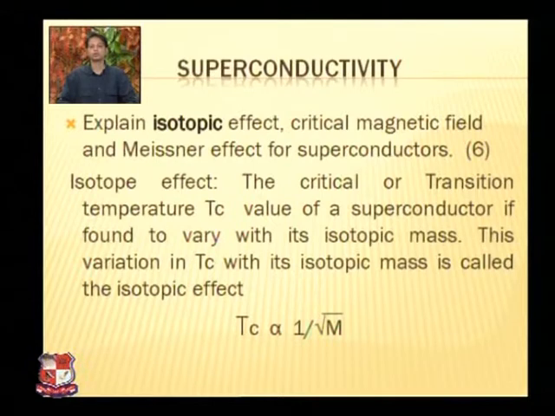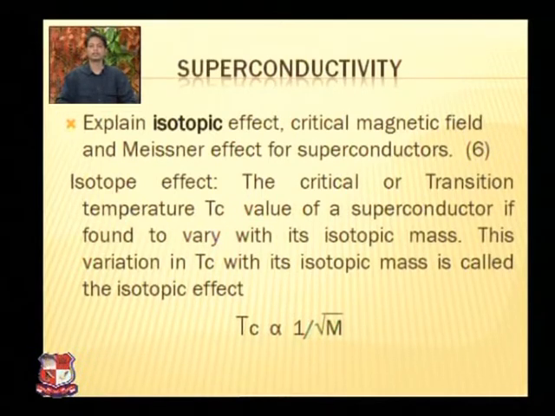Let us go to the next question. This is also a question which can be asked in 6 marks. The question is, explain isotopic effect, critical magnetic field, and Meissner effect for superconductors. So these are the 3 points which can be asked for 6 marks as a brief question.